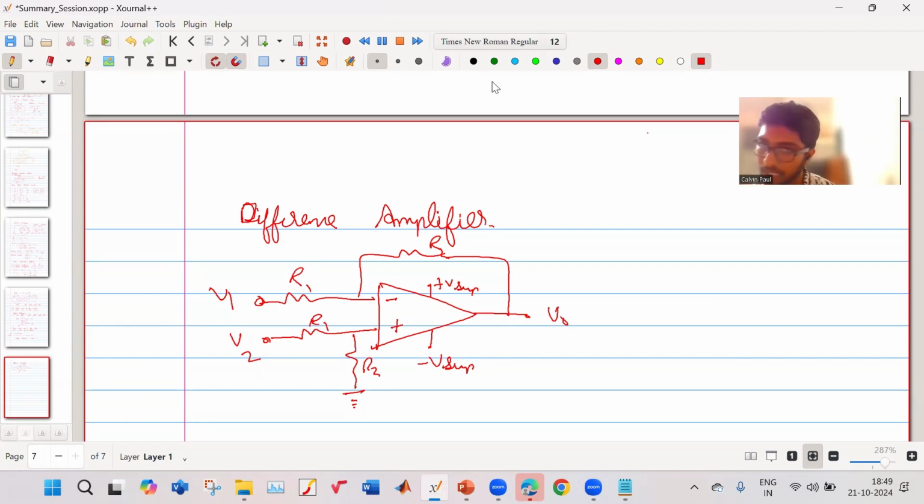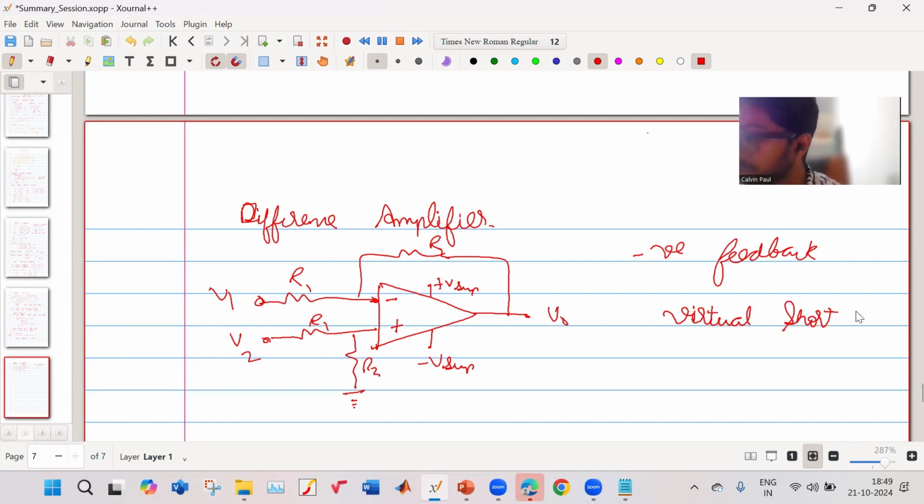Op-amp questions will be asked a lot because it was taught a lot. And how do you identify and solve the sum? One thing to note is whether the feedback is negative. If there is negative feedback, then you apply a concept known as the virtual short or virtual ground concept.